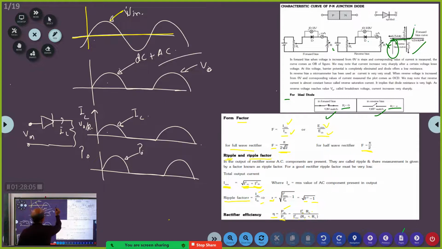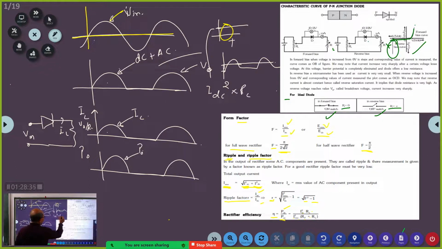You remember, I have already told you. The AC component will be like this. Now I am interested in this. So the output power corresponding to this will be IDC square into R.